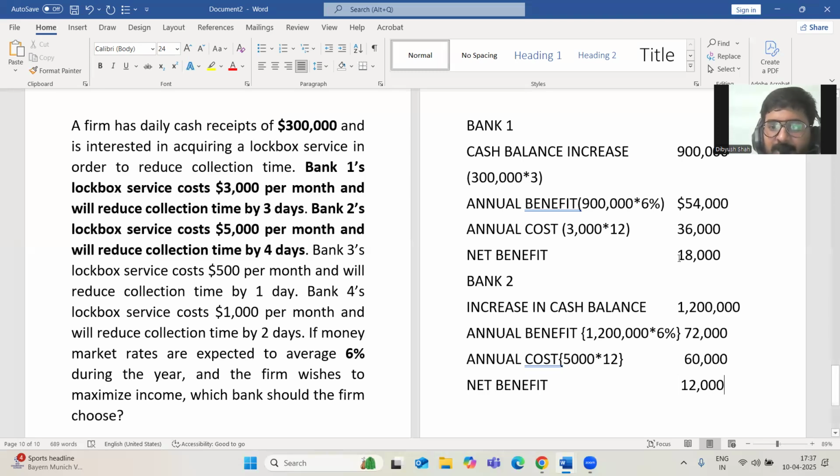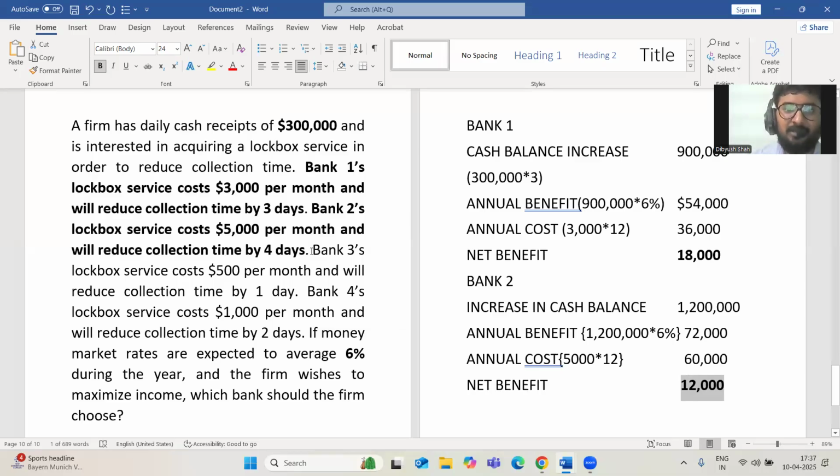This is less than what I was making in bank 1. In bank 1, savings were only 54,000, but cost was also low, 36. Bank 2 saving has increased to 72, but cost has increased to 60. So my net savings has actually declined to only 12,000. Of course, bank 1 is more preferable to bank 2.